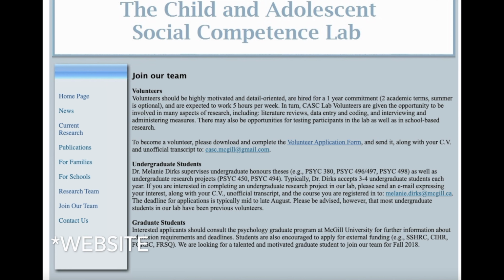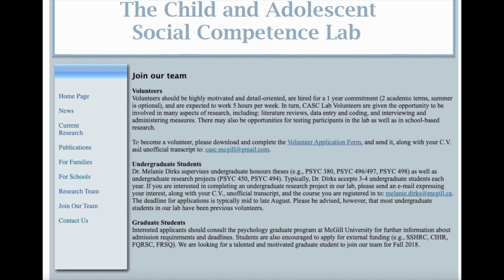Here is a lab that is requesting a special procedure to apply for a volunteer position. So what you need to do is read the volunteer paragraph here, where you can clearly see what they expect out of their volunteers, such as 1 year of commitment, 5 hours per week, and some tasks that volunteers are expected to perform.